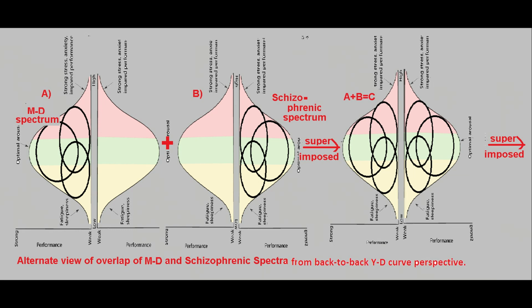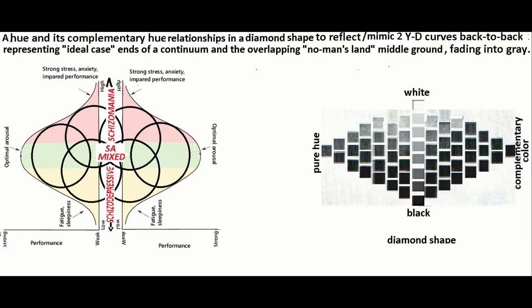I prefer the other one, but these next few slides are just going to show a summary of what we talked about before. So here's these sets that I drew into these back-to-back Yerkes-Dodson curves that show the same thing that came along before. And this is just a little summary of it.